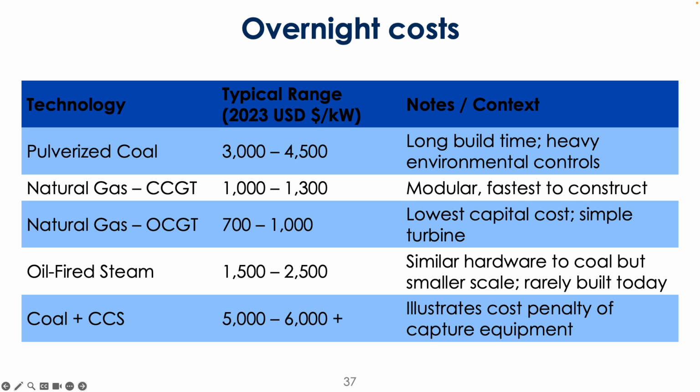So if I wanted to build, let's say at $3,000 per kilowatt, a 1 gigawatt coal facility, how much would that cost? That would cost $3,000 times 10 to the 6, so it would cost $3 billion to build a 1 gigawatt coal plant.